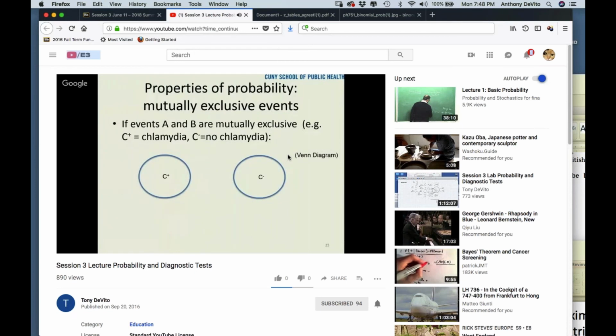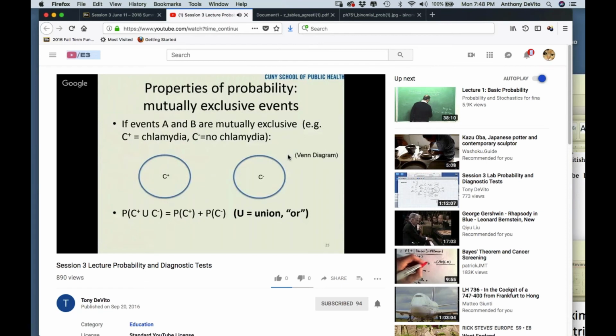All right. If these 2 events are mutually exclusive, such as having chlamydia or not having chlamydia, then there's no overlap in the Venn diagram. And we can write that out by saying that the union of the 2 is just the sum of those 2 probabilities, because there's no overlap.